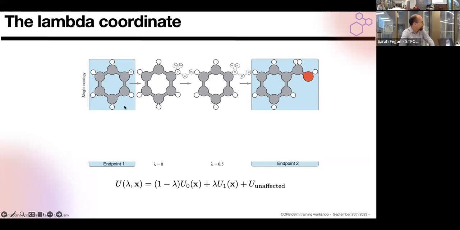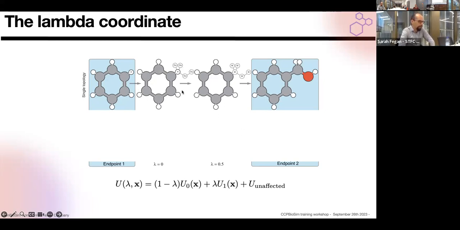We have to multi-stage the transformation passing through a series of intermediates. So what you see here, we've got a molecule of benzene that is gradually growing an additional hydrogen atom and a carbon atom and a hydroxyl group here.